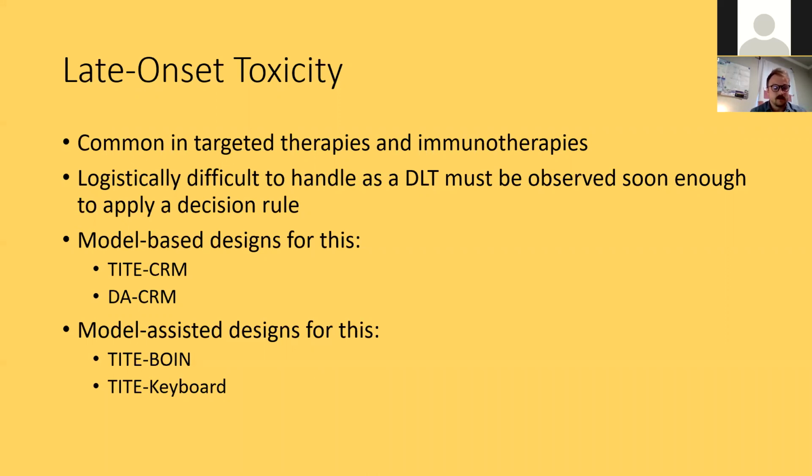So that can really lead to a long trial, which is not ideal. For example, if we have a DLT that takes up to 8 weeks to evaluate and our accrual rate is 1 patient per week, on average we're going to get about 5 new patients that could have been accrued for the trial while we're just waiting to evaluate the 3 patients' outcomes, which is a waste of resources, and it's not ideal.